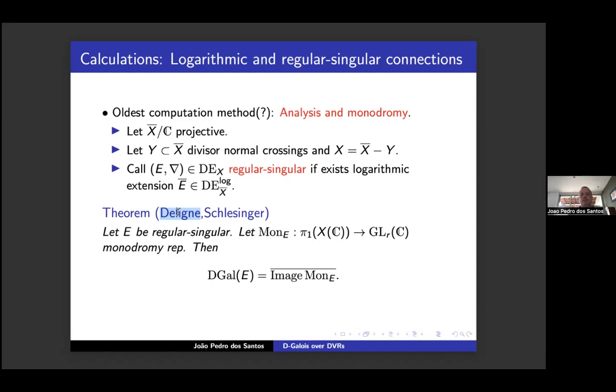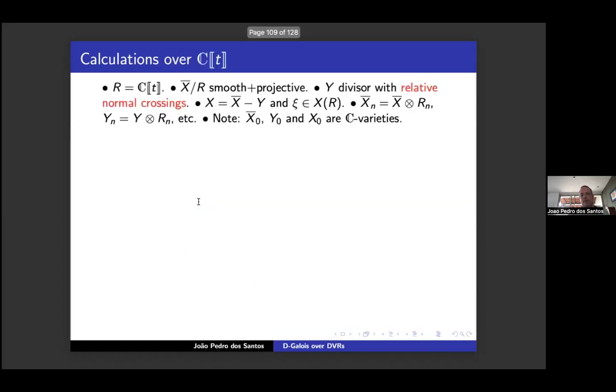You could ask whether this is also true in this context, and the answer is I don't know. I can only prove it the way Deligne proved his theorem, because I follow his methods here. I don't follow André and Baldassarri. Everything I do is I take Deligne, I understand it very well, and then I pass.